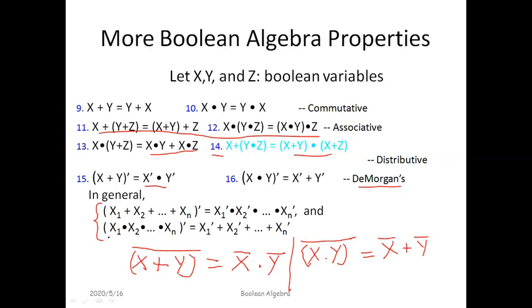Equally for the second expression, a long bar broken down. So understanding property 15 and property 16 will make it very easy for you to understand what is happening here.